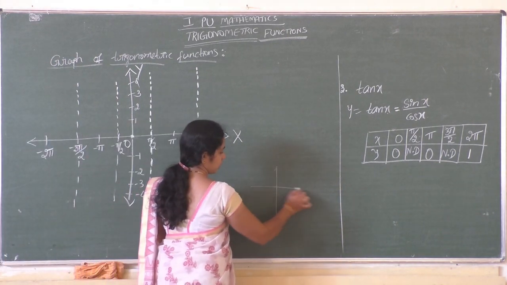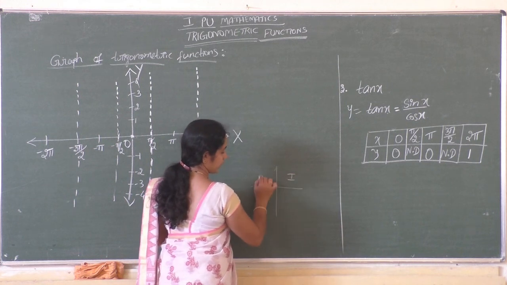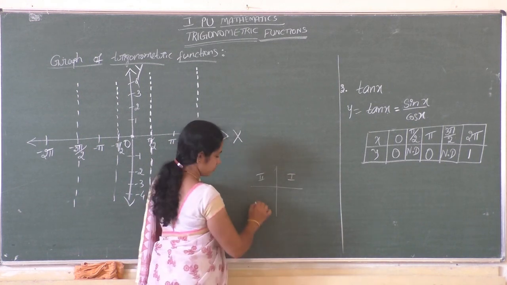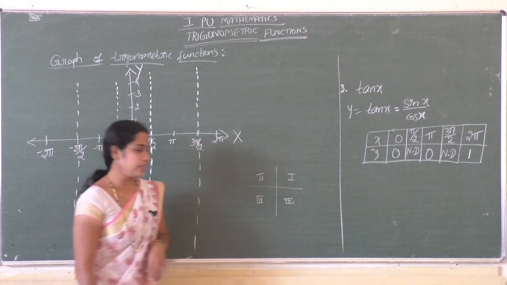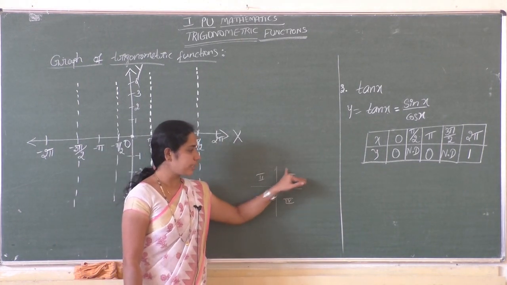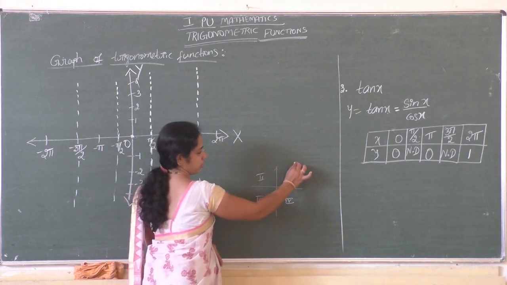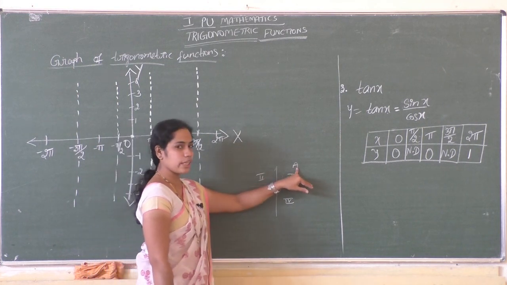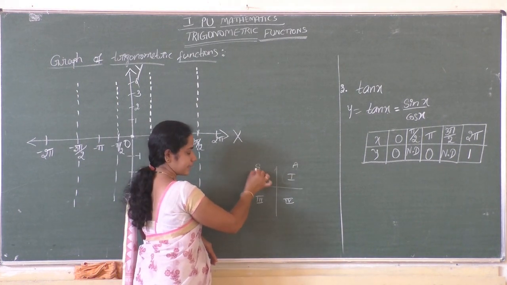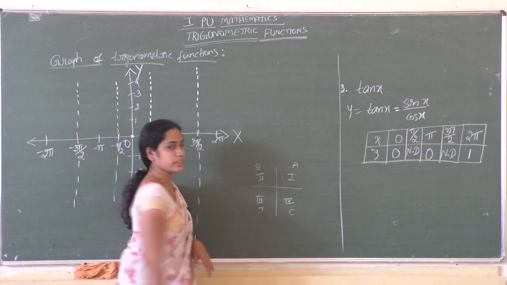See, that one we have discussed in the last class. First quadrant, second quadrant, third quadrant and fourth quadrant. In the first quadrant all are positive, correct? You remember that, right? All are positive. Sine is positive, tan is positive, cos is positive.